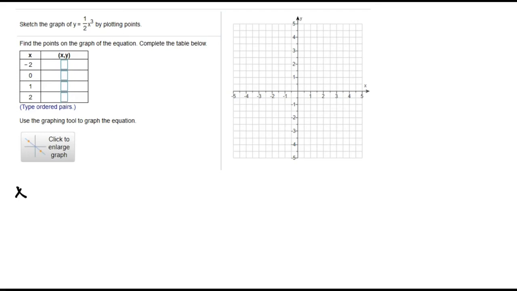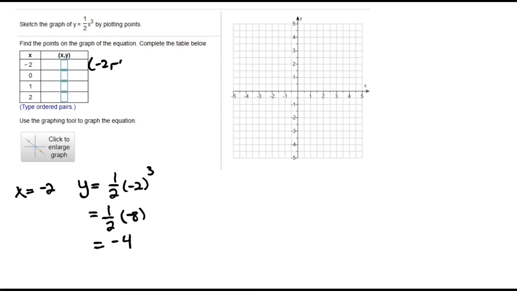If x is equal to -2, y is going to be equal to 1/2 times -2 cubed, 1/2 times -8, and that works out to be -4. So we would write the ordered pair -2, -4, and we can plot that about right here.